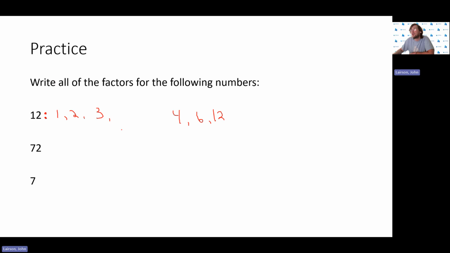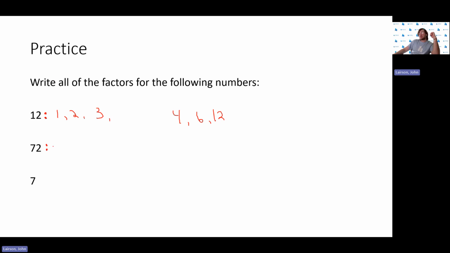So those are factors. 4 would be the next number to check, but that's already at the other end. There's nothing left to check, no more numbers in between. We have found all the factors. I know it can be spaced out a little funny, but that's fine. We are done with 12.